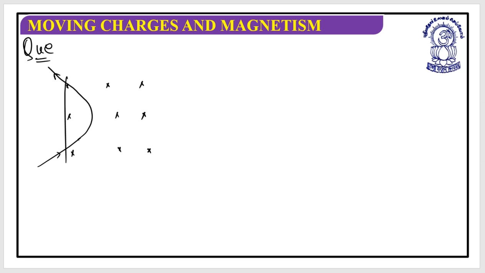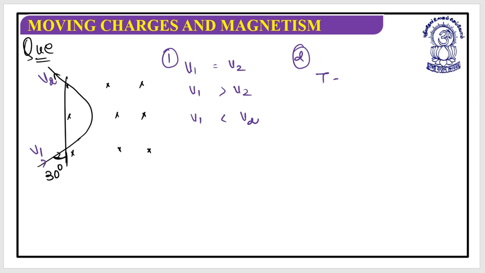They have made this angle 30 degrees. They said from here velocity was v1, from here velocity was v2. Options: v1 equals v2, v1 greater than v2, v1 less than v2. The first question is this, and the second question is the time period of this circle.